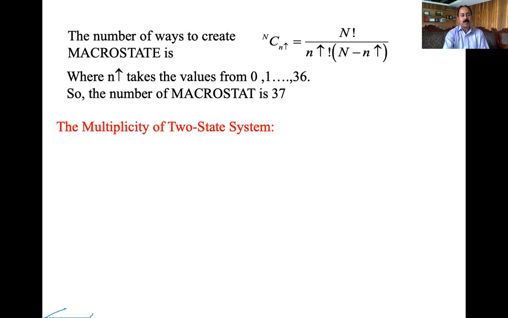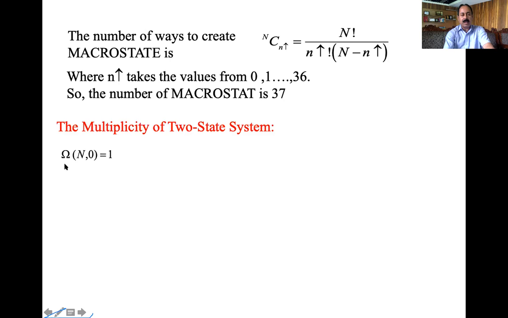Next comes, what do we mean by the multiplicity of a two-state system macrostate? Multiplicity means how many microstates exist in a macrostate. So the multiplicity of a macrostate is defined as the number of microstates existing in that particular macrostate.